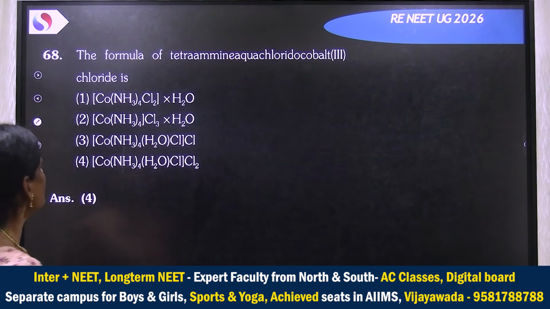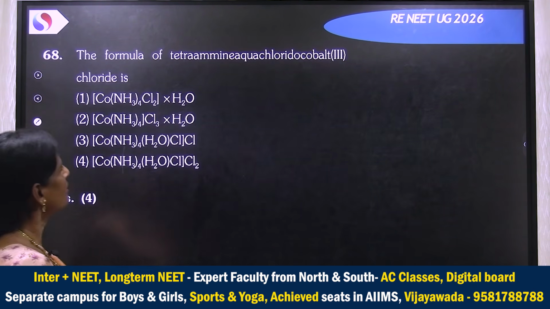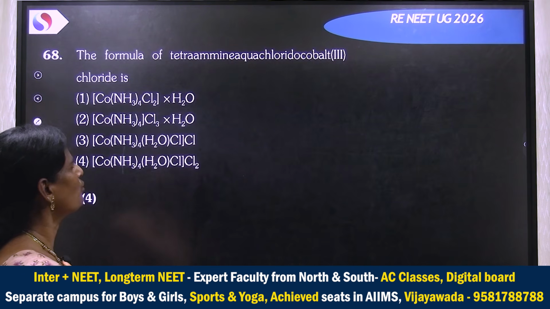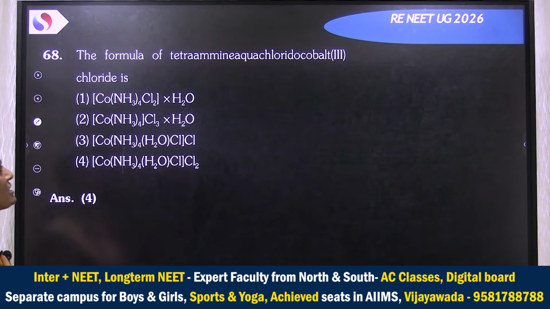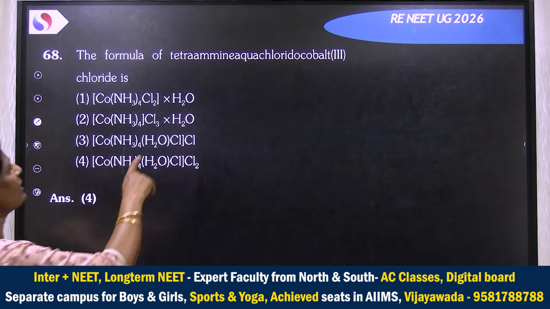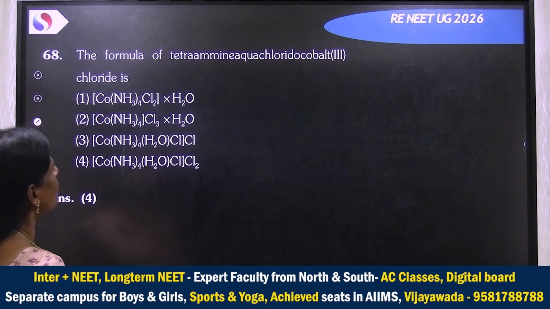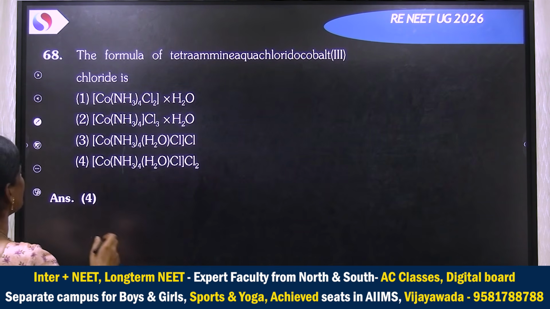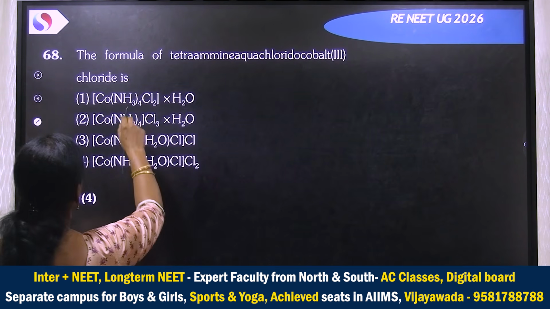Next one is the formula of tetraamineaquachloridocobalt(III) chloride. Tetraamine means 4 amine ligands. Again it is from coordination chemistry. Already I discussed one question from coordination chemistry, so this is the second one on complexes. Tetraamine means 4 amine ligands.